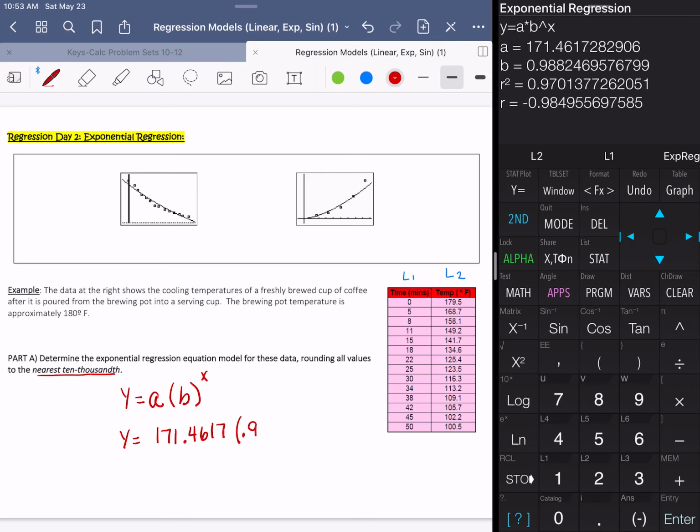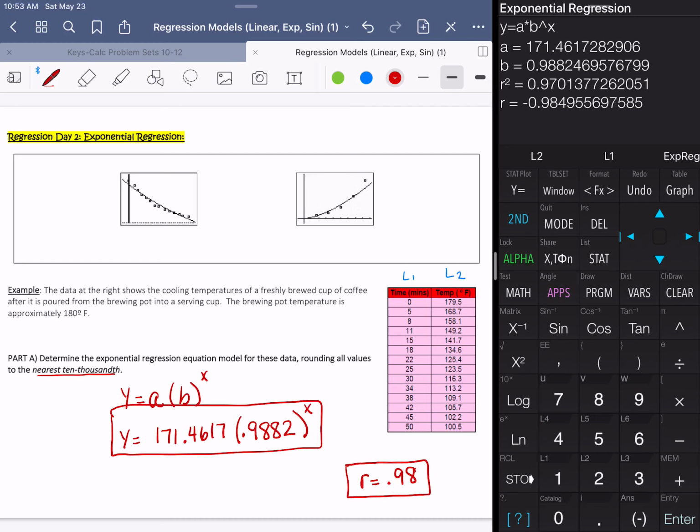B is 0.9882 to the x power. So this is our exponential regression equation. And again, if you look at the r in this case is about 0.98. We could just say about 0.98 if you want to, for rounding purposes. So it's a pretty good fit for correlation.